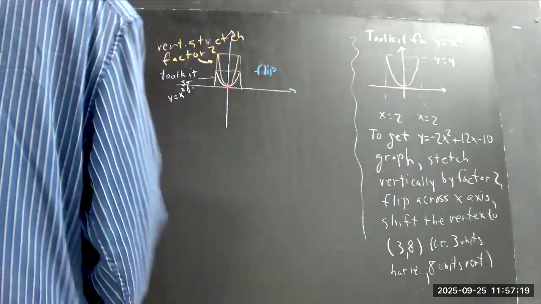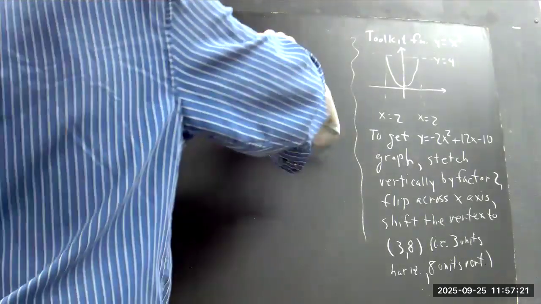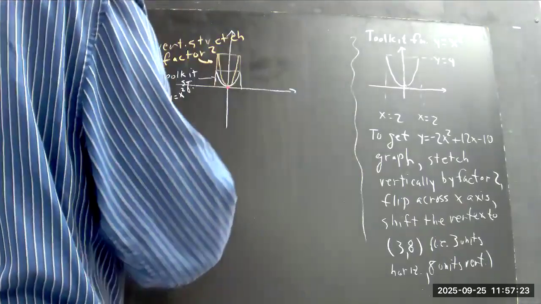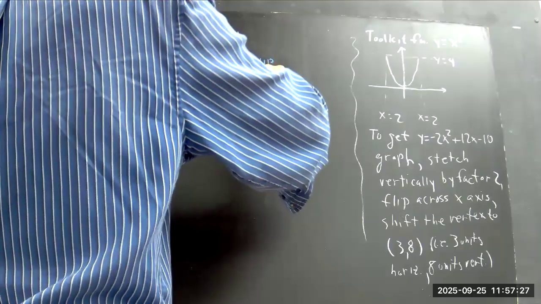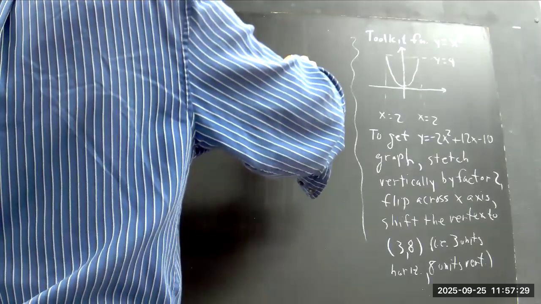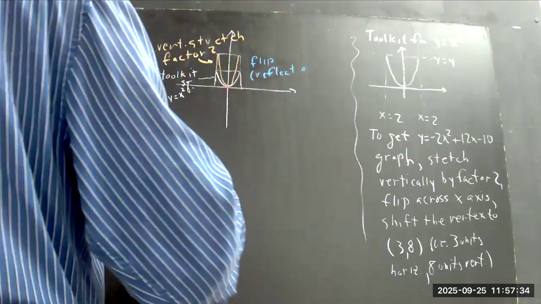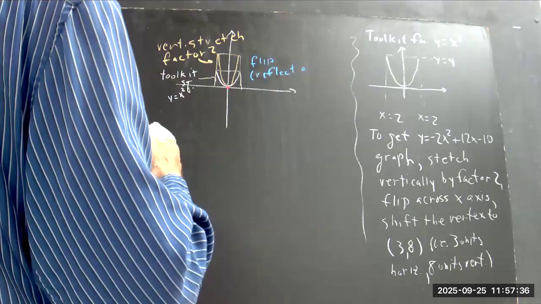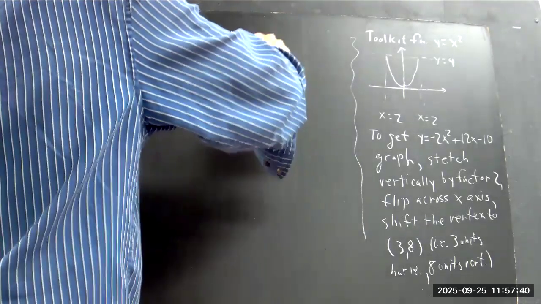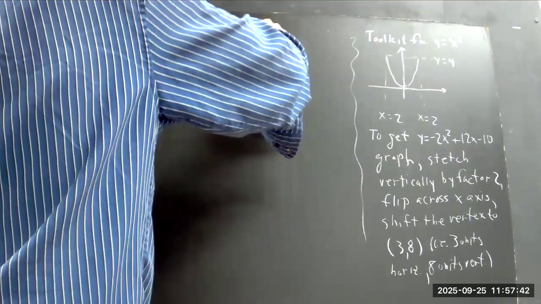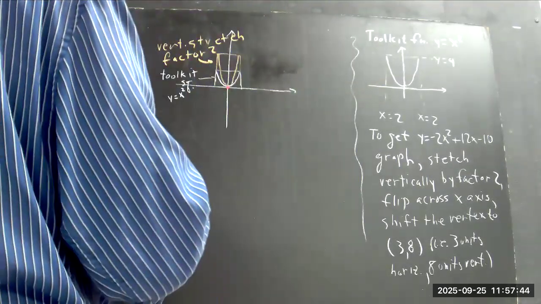Oh, God, that was such a nice looking F, and I messed everything up. And, you know, I'm putting those words where I'm going to want to draw my graph.